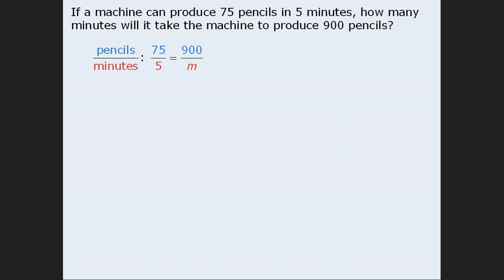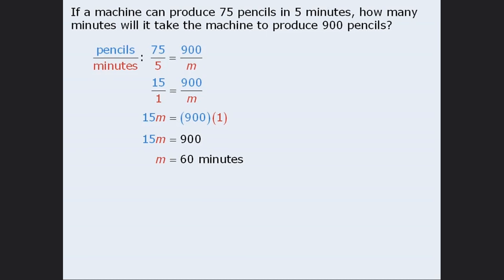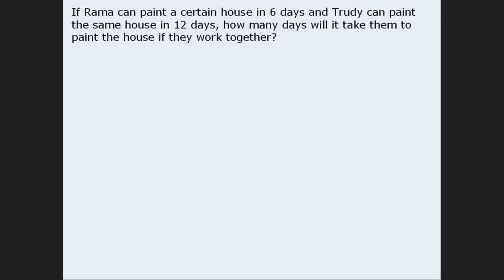To solve this equation for m, we can first simplify the ratio on the left-hand side, and then cross-multiply. We can now simplify the right-hand side, and then divide both sides by 15 to get a time of 60 minutes. So using equivalent ratios, we can see that it will take the machine 60 minutes to produce 900 pencils.